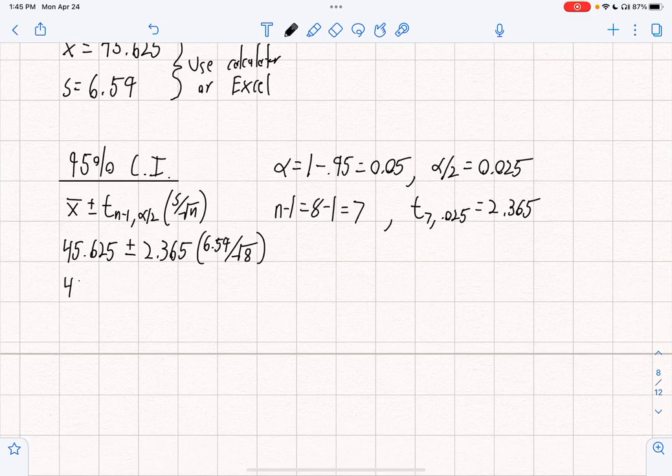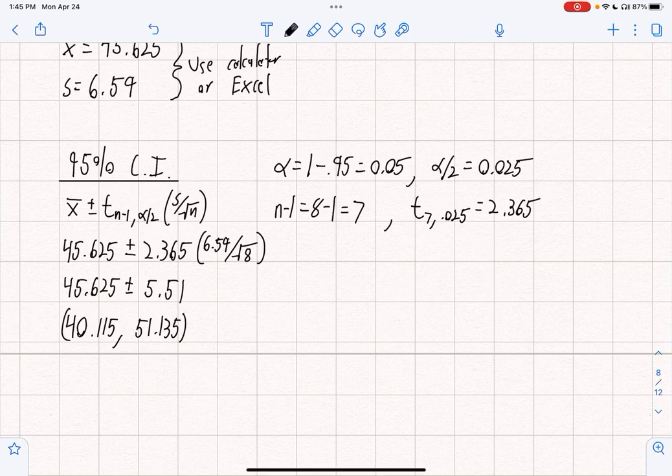I get 45.625 plus or minus, whenever I plug that into my calculator, 5.51. So my margin of error is 5.51, and so my interval will range from 40.115 to 51.135. And that's our confidence interval.